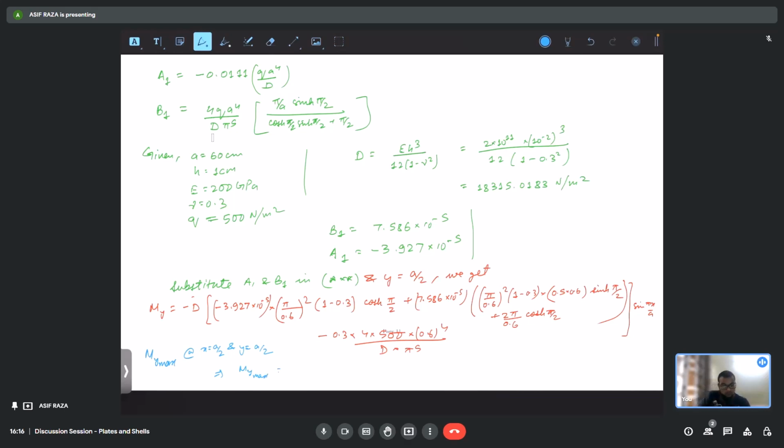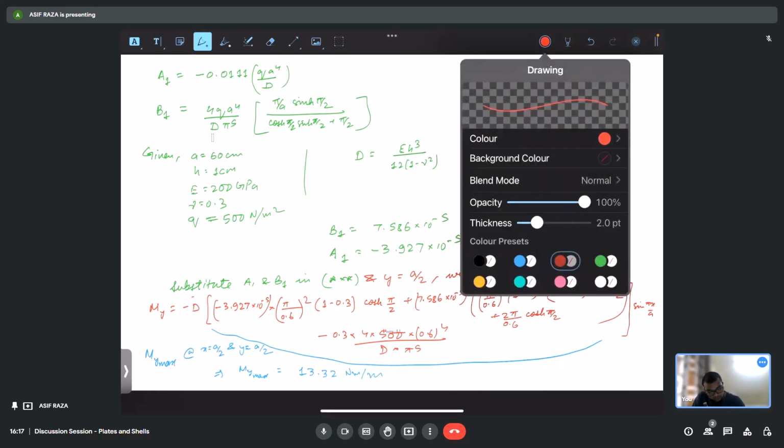If you solve this thing, this value will give me that value, and it's around 7.27. Okay, so it's around 13.32 Newton meter per meter. Check it.